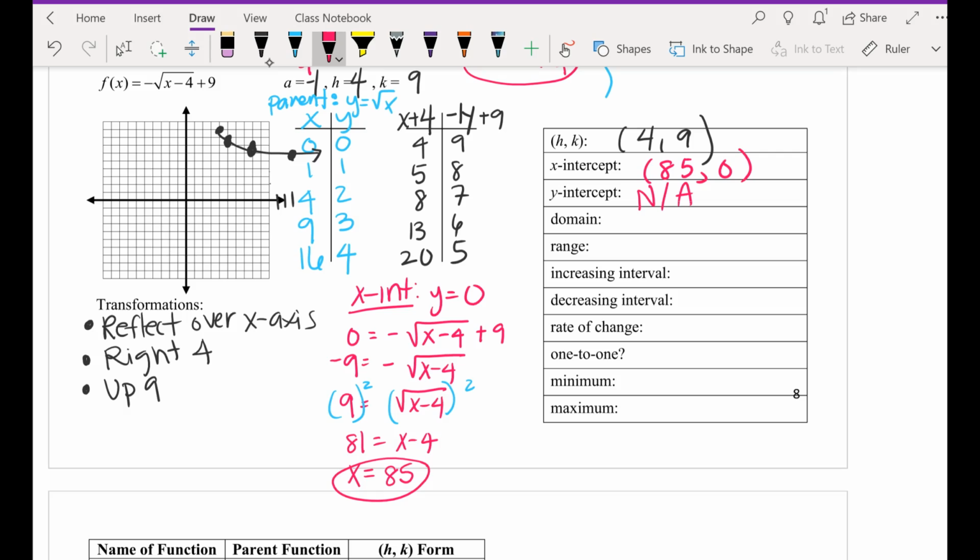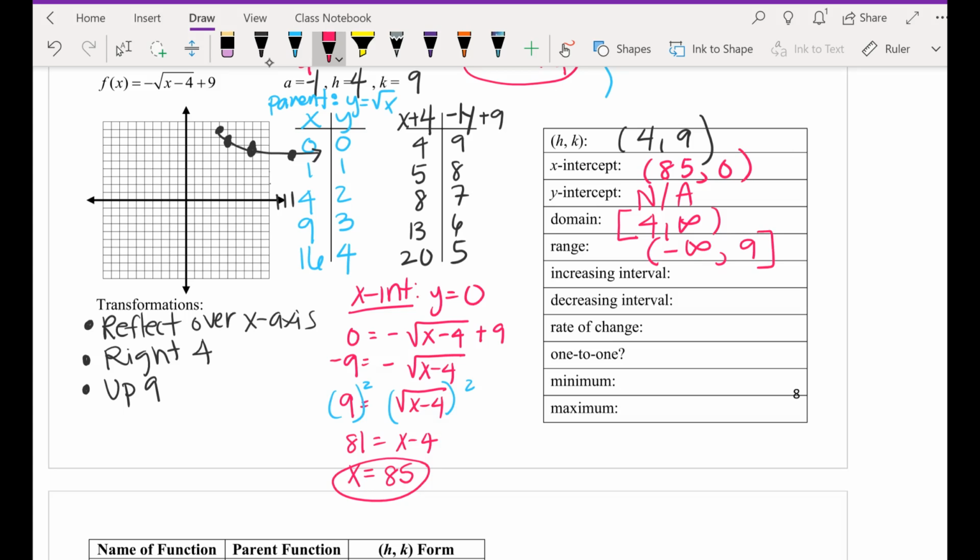Domain, tell me, Kylie, the domain of this graph. 4 to infinity. Good. Can you tell me the range, Jaden? 9. You're close, but in interval notation, Jaden, you have to write the smaller number first.